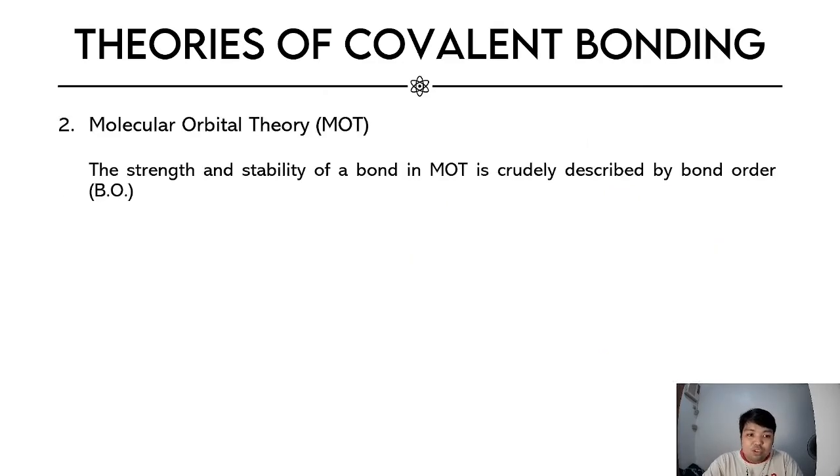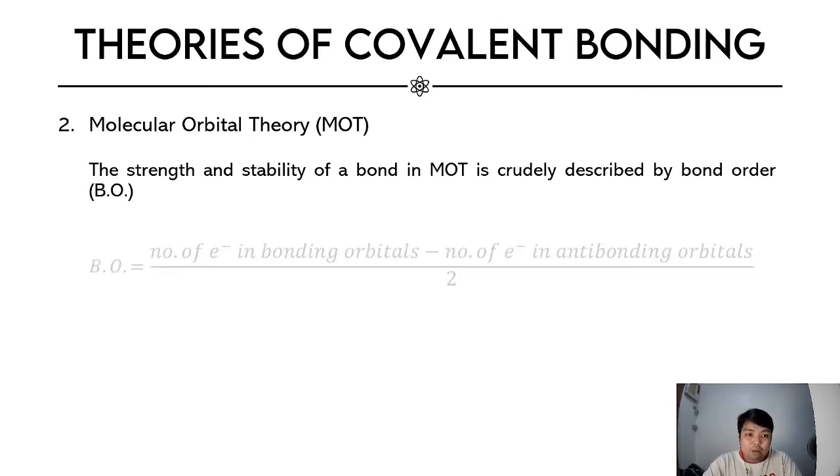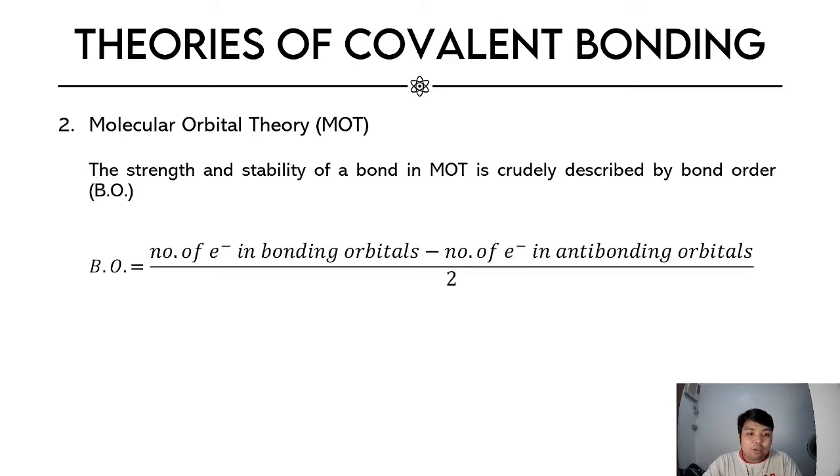So now the strength and stability of a bond in the molecular orbital theory is crudely described by bond order. There's a formula for that, wherein bond order is equal to the total number of electrons in bonding orbitals minus the number of electrons in antibonding orbitals, divided by 2.